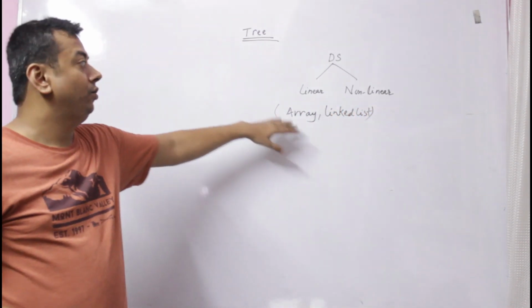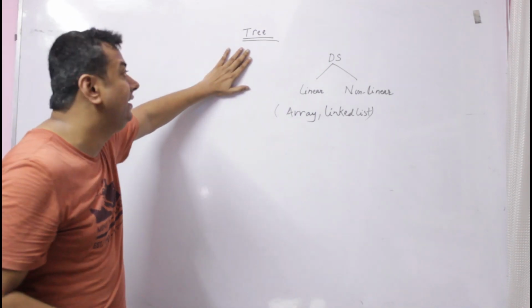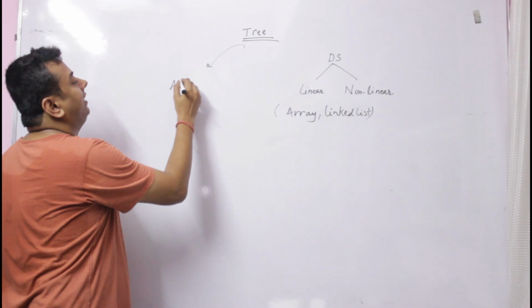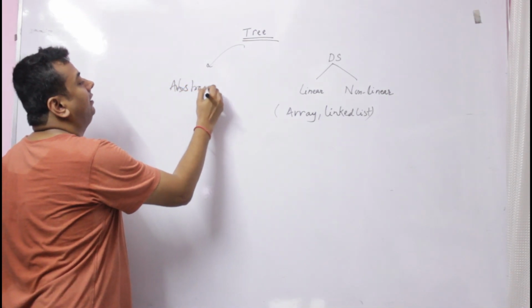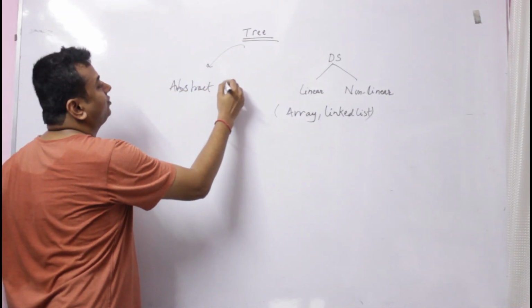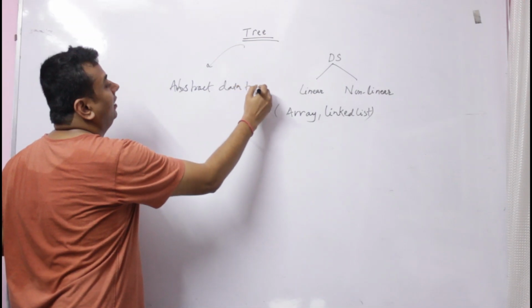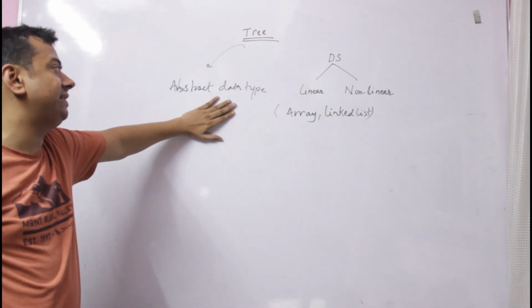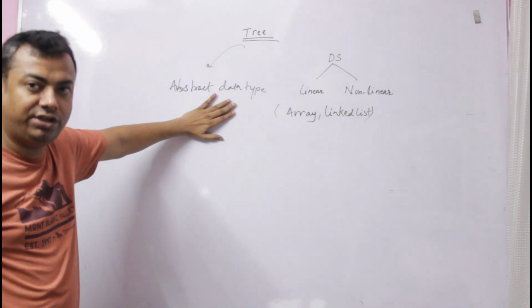Okay. So tree is an abstract data type. Some textbooks say it is an abstract data type, which is correct.